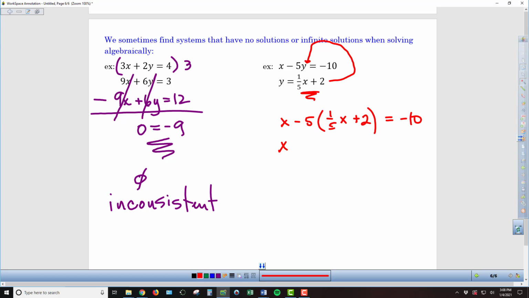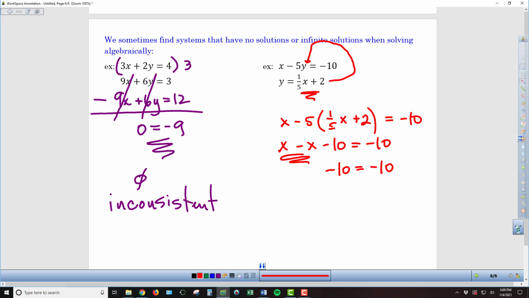So I'm going to distribute that negative 5, so negative 5 times 1/5 is negative 1, so I've got negative x, negative 5 times 2 is negative 10, equals negative 10. And so now when I gather my like terms here on the left, the x's are going to subtract out, and so this time our variables disappear just like they did on the previous example, but we're left with a true statement instead of a false statement.